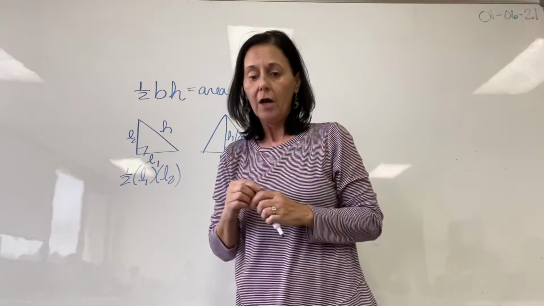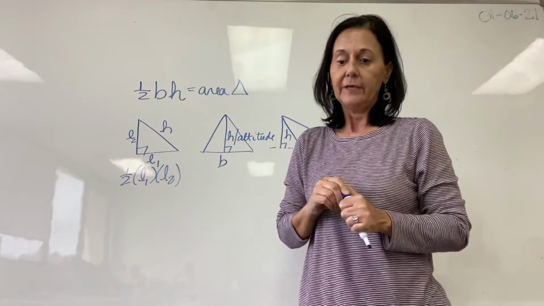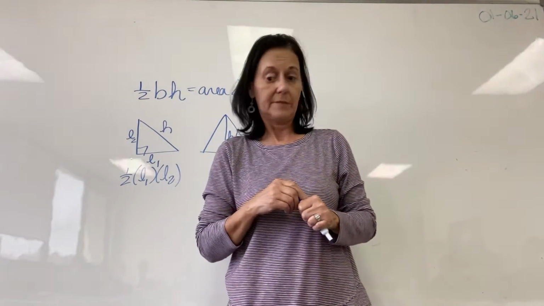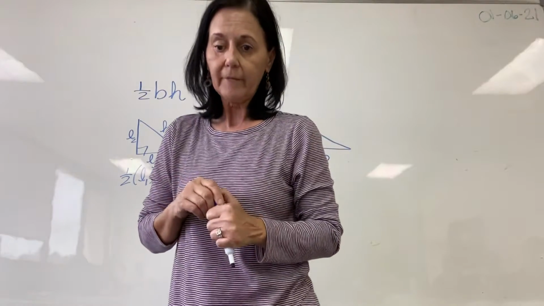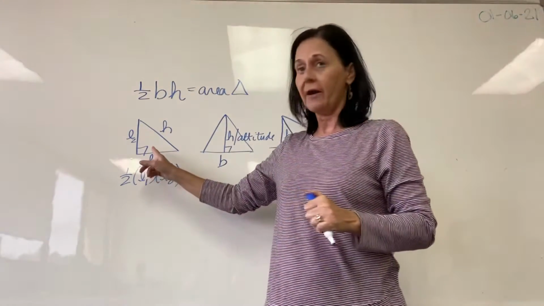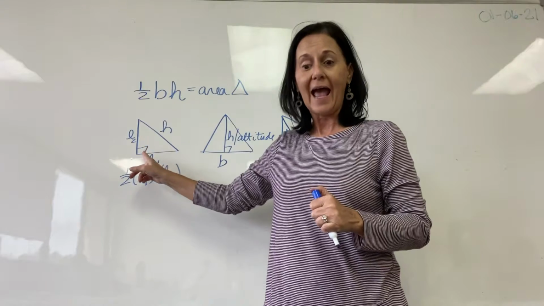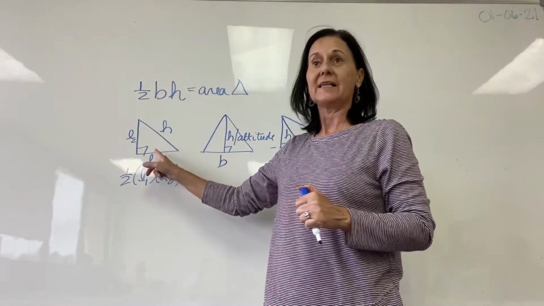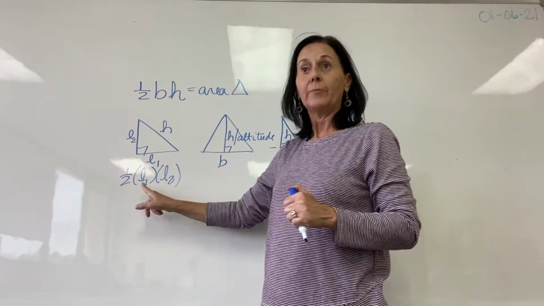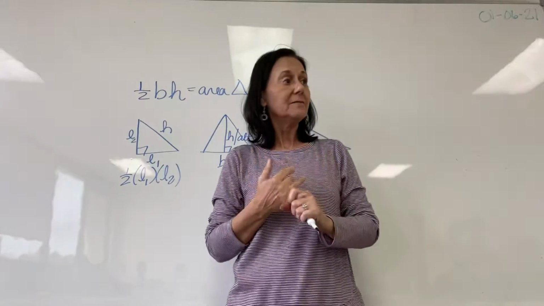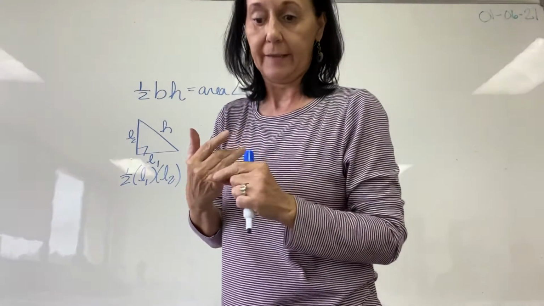All right, so look on page 352. There are some theorems. The first theorem says the area of a triangle is half the product of its legs. It's 1/2 the product of its legs. Product means you are multiplying.